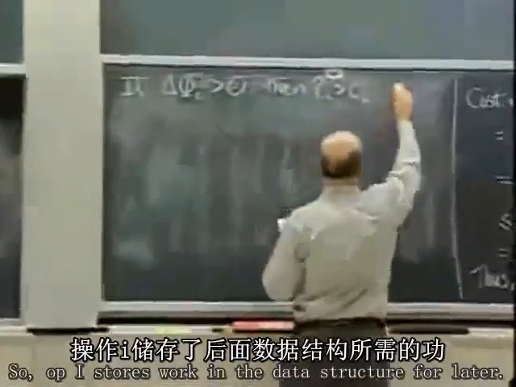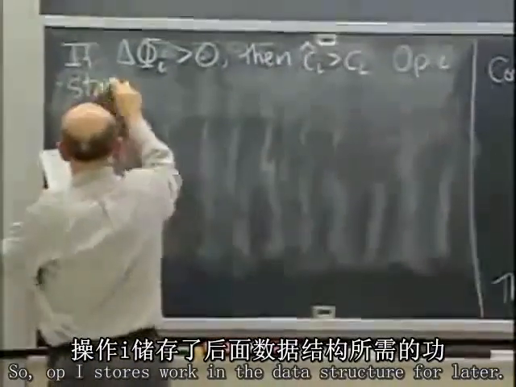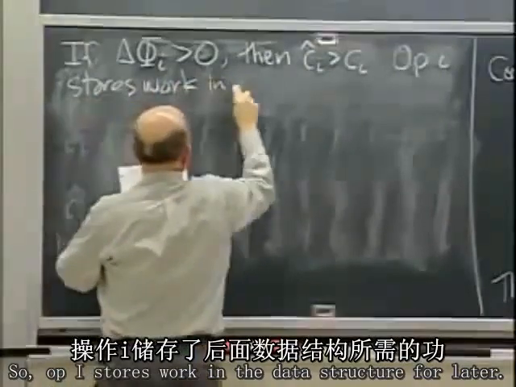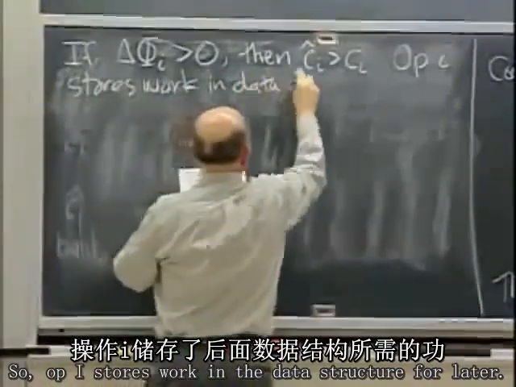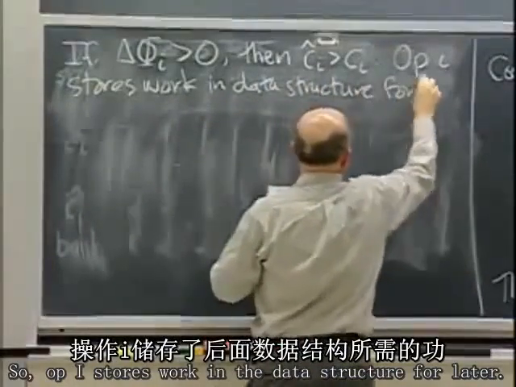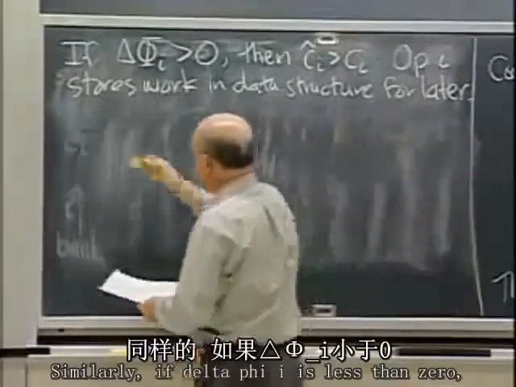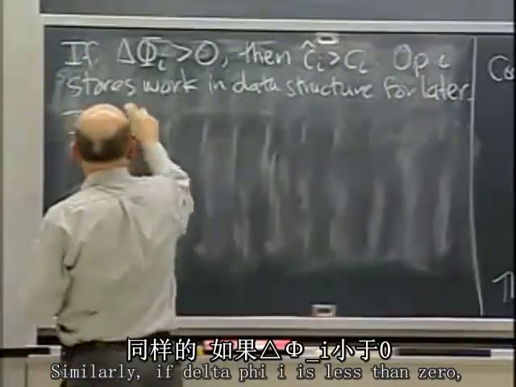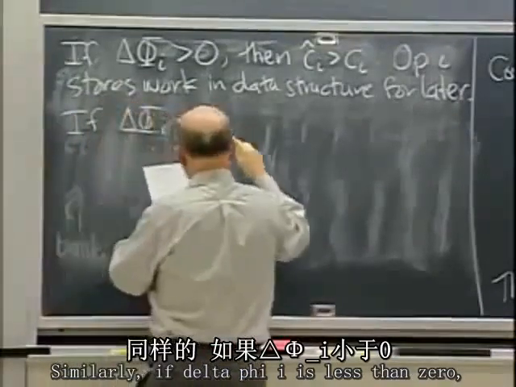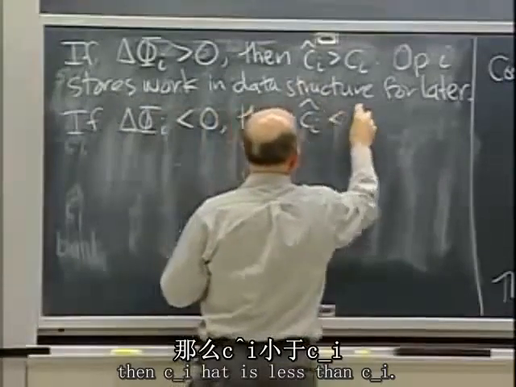So op I stores work in the data structure for later. Similarly, if delta phi I is less than 0, then Ci hat is less than Ci.